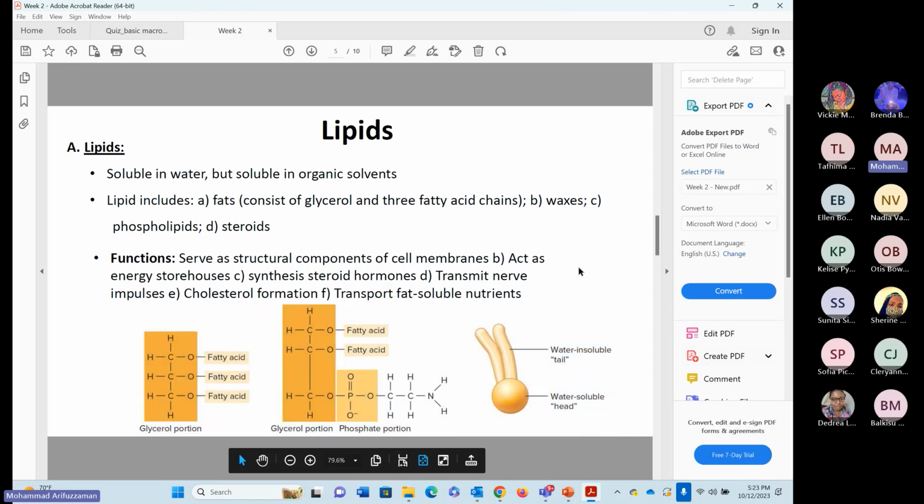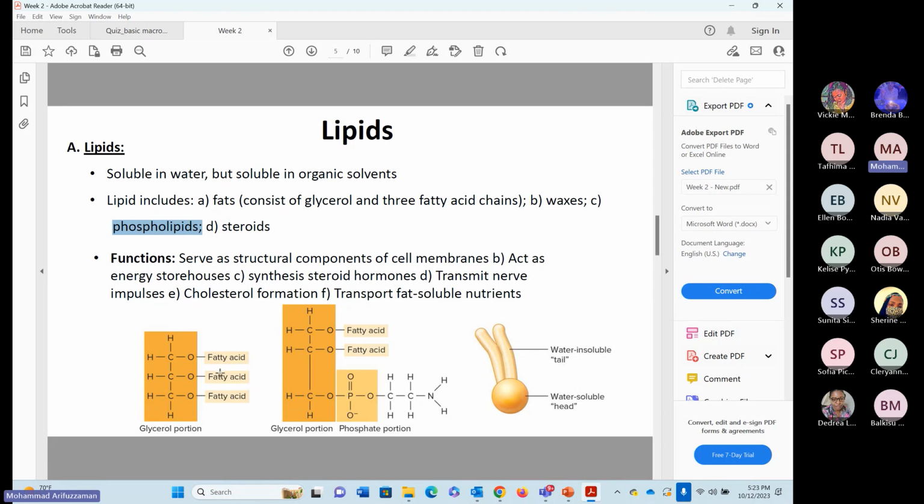What is the name of this molecule? Phospholipid. So this is the phospholipid, having phosphate, glycerol and 2 fatty acids. Now you can see the difference between fat and phospholipid.